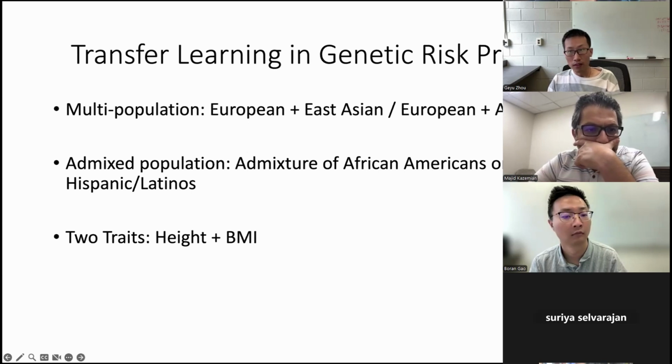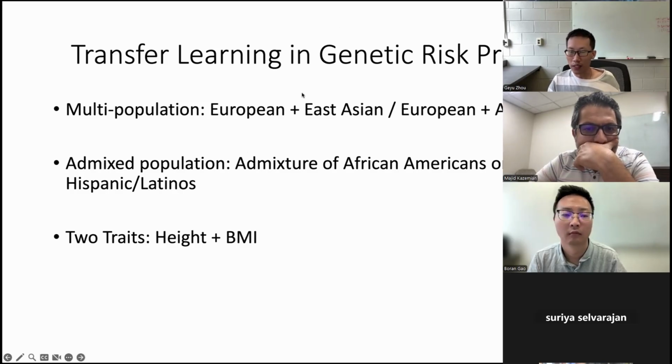And let's think about transfer learning in genetic risk prediction. I personally feel there's also a similarity in the applications of transfer learning in genetic risk prediction. For example, we can transfer the prediction model in one population to multiple populations.